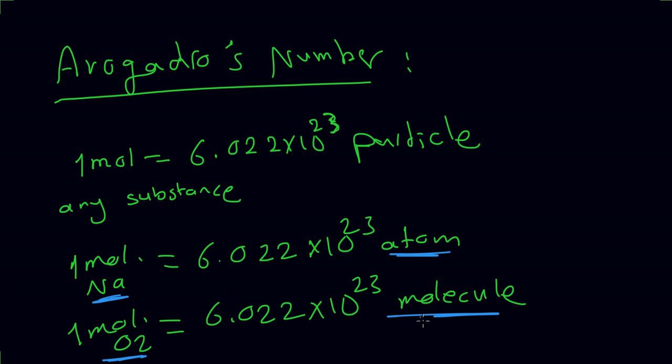That's why we use molecule for this. So this is called Avogadro's number, named in honor of the Italian chemist Amadeo Avogadro, who presented an explanation of the relationship between mass and number of atoms.